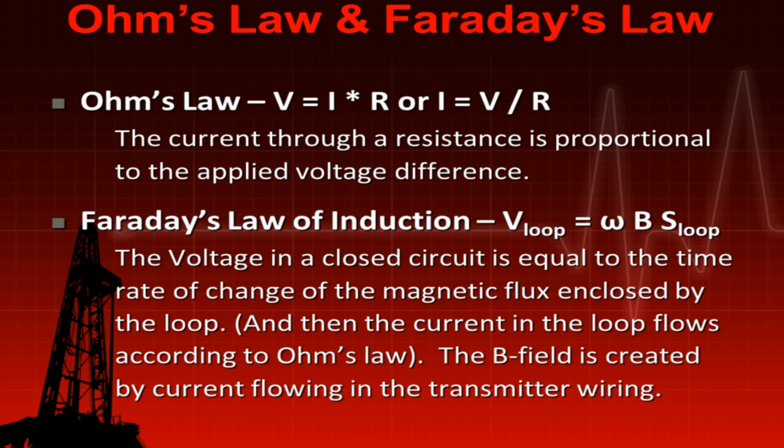Okay, and if I have a loop of wire and I have a time-varying magnetic field through that loop, I will generate a voltage around that loop. And if that loop has some resistance, then I will get current to flow in that loop. So remember that, because I'll show you a picture later on of two logging tools that use that concept.